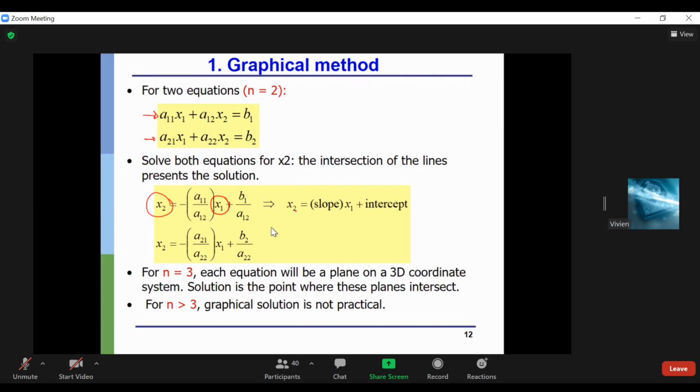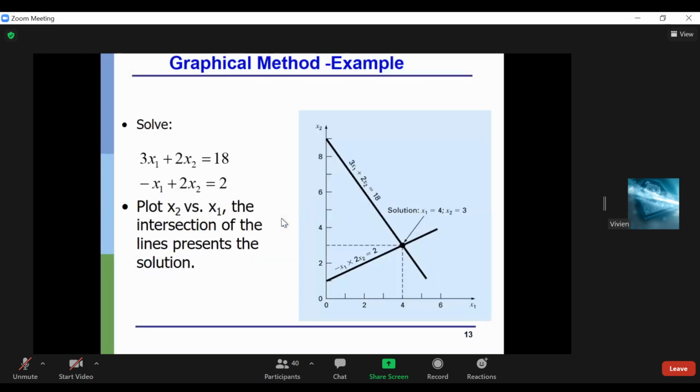This means that x2 is a linear function of x1, or we can say x2 equals the slope times x1 plus the intercept. Again, for the second equation, we also reconstruct it so that we have a similar linear line.